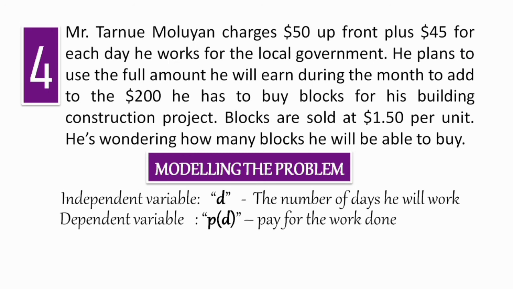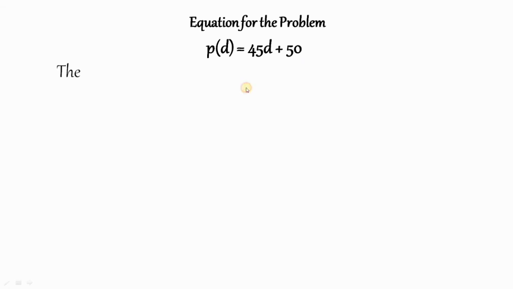The pay is the $50 upfront plus the $45 multiplied by the number of days, because he charges $45 per day in addition to the upfront $50. So then the equation for that first part becomes P of D equals 45D plus 50. That will give us the total pay that he's expected to make.